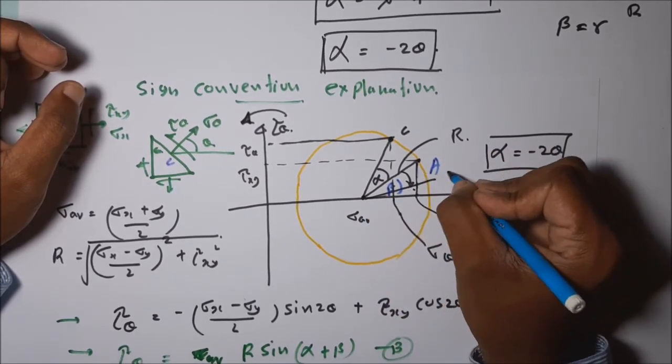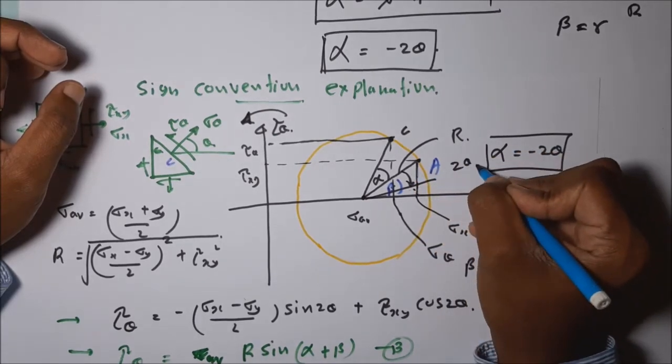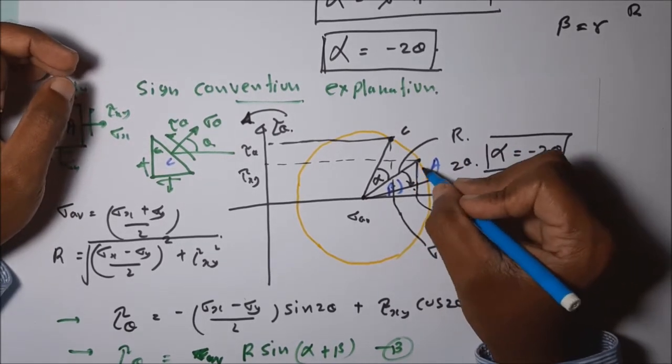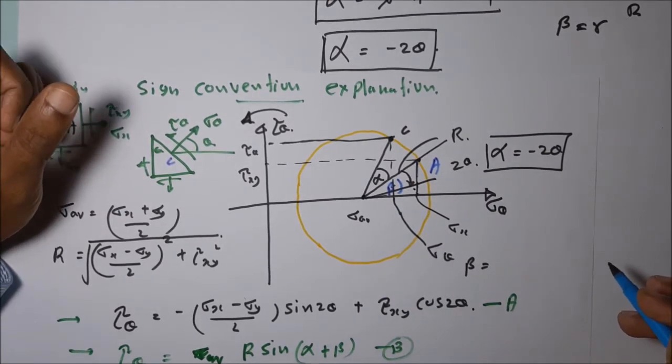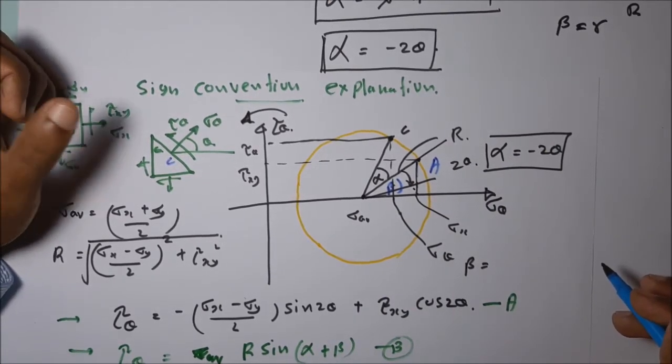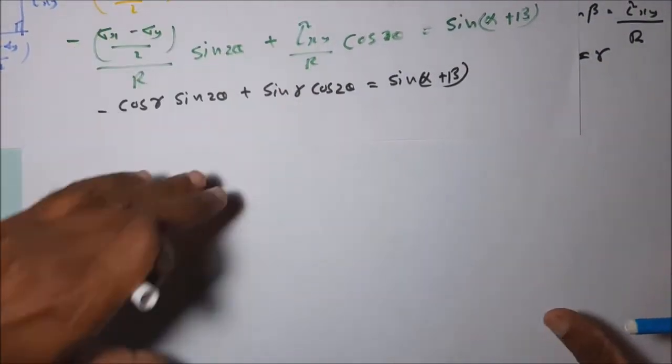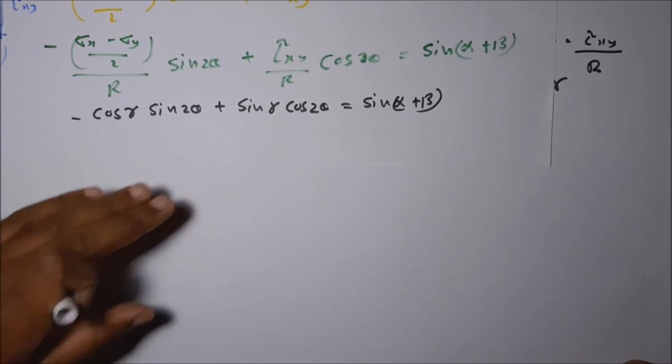You have to measure the angle clockwise as 2 theta. That is what we got. If we take this angle measurement as positive, we will definitely get this equation.